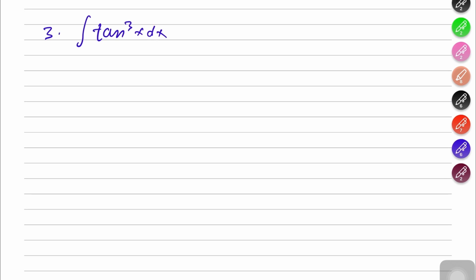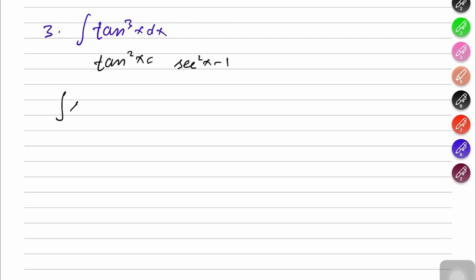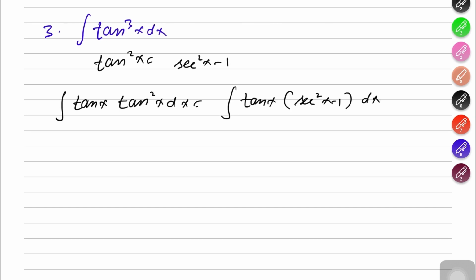We know that 1 plus tan square x is equal to sec square x, or tan square x is equal to sec square x minus 1. So we can write tan cube x dx as tan x into tan square x dx. That converts into tan x times (sec square x minus 1) dx.